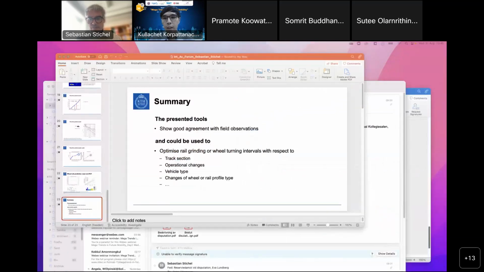Another question from Mr. Turkiet. What are the main factors to specify the reprofile interval? It means how many times we should do the reprofiling.